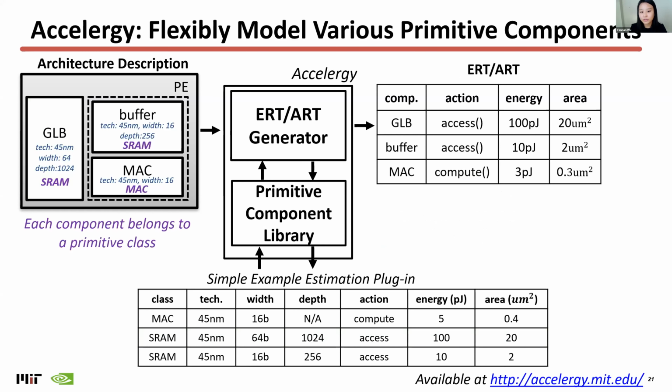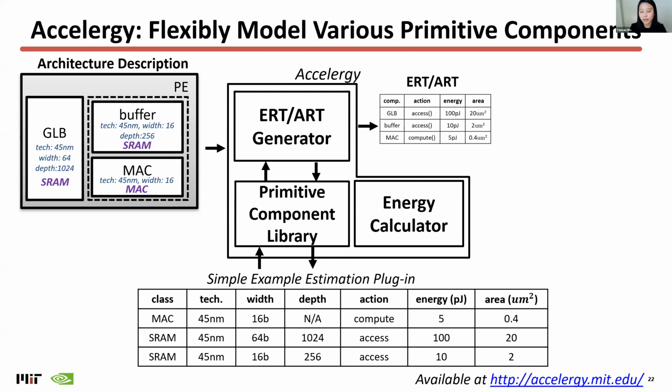The same actions will be performed for all of the components in the architecture, and then an energy reference table specific to this architecture input is generated during runtime. As you can see, Accelergy is also able to generate an area reference table, which depicts the area of each component in the architecture it parses.